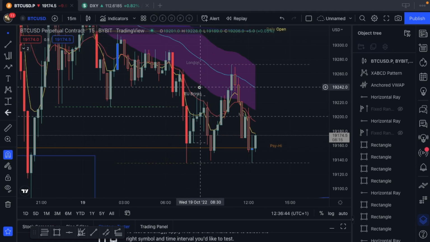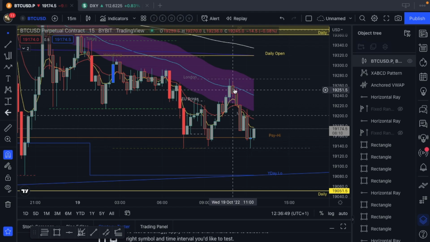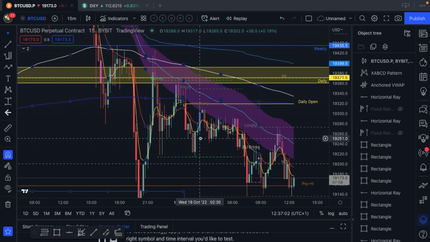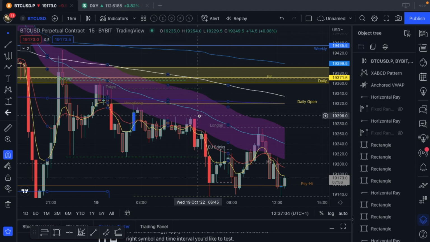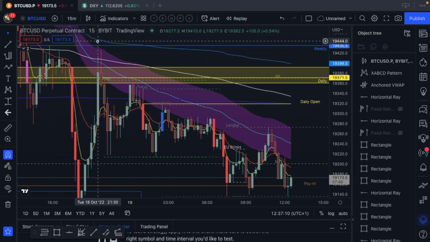On the 15-minute chart, here is the trade, at 10:45, 11 o'clock. And you'll see that the dragon is, in fact, on a pretty steep decline, right? So we're still trading with the dragon on the 15-minute.